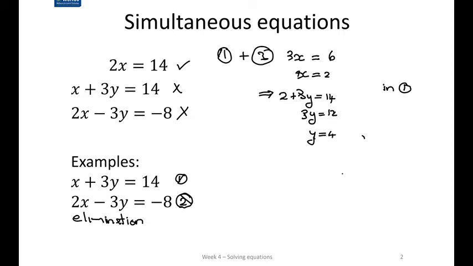Now, we need to check that solution, because if we've done it right, those two values should make both of those statements true at the same time. So let's check in the other one.